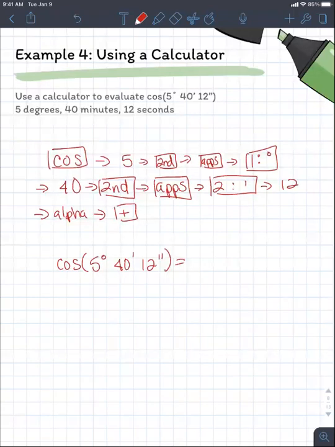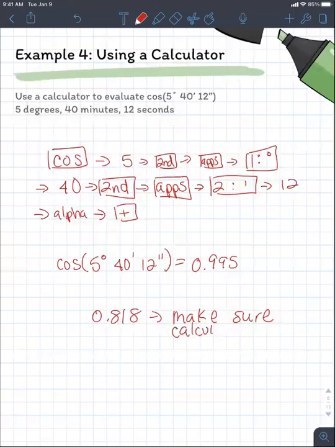You should have an answer now because I just gave you the answer like 4 times, but we should have gotten an answer of 0.995 approximately. If you got 0.818, make sure your calculator is in degrees.